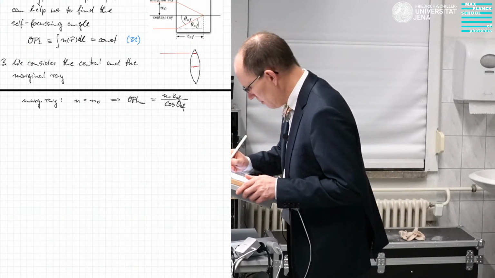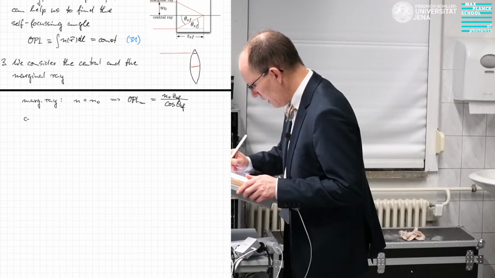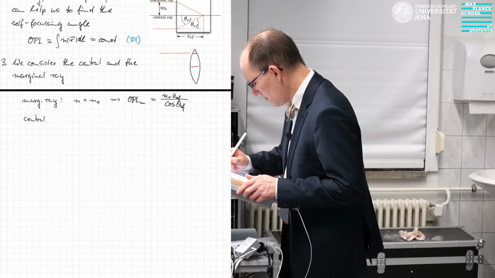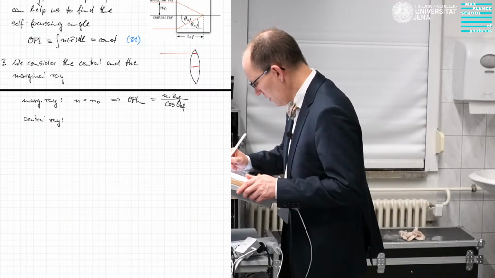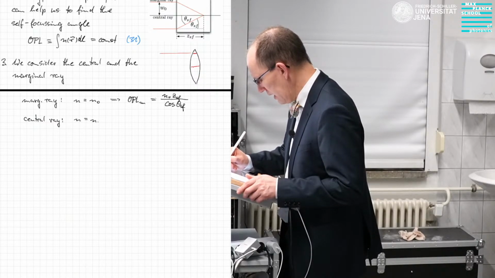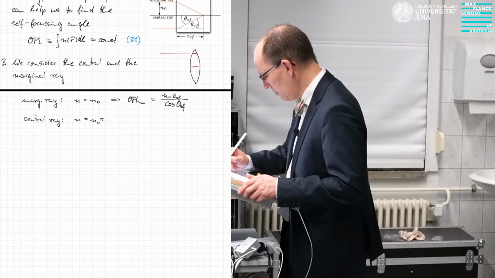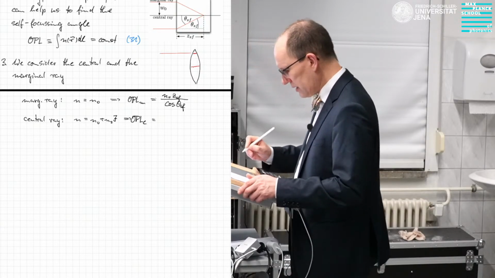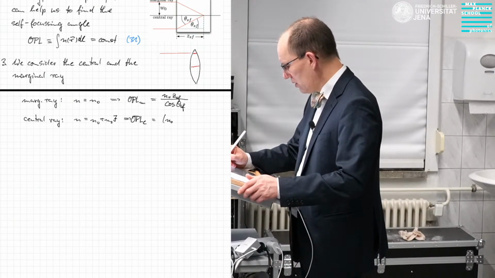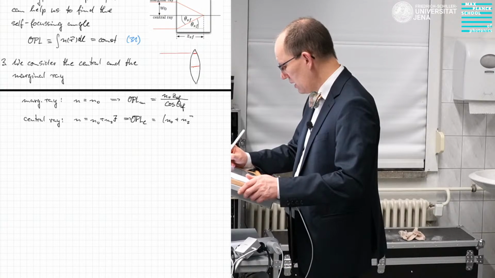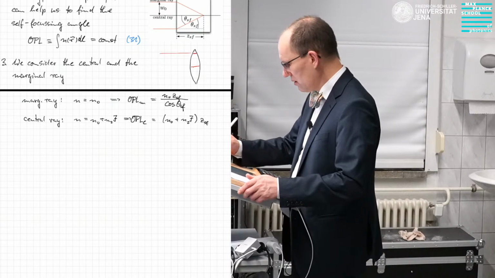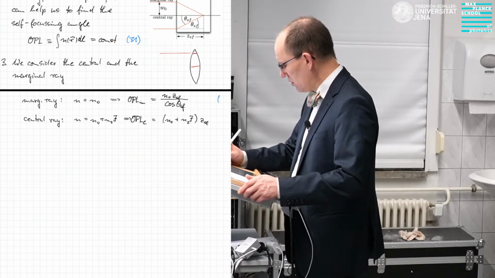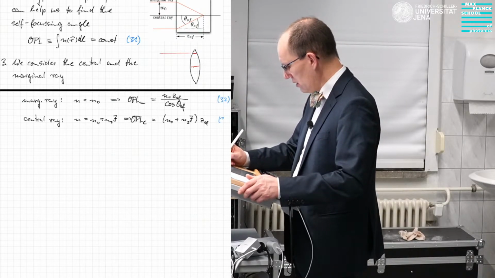Similarly for the central ray, n is equal to n0 plus n2 times the intensity, and therefore the optical path length is n0 plus n2 times the intensity times the self-focusing length. So these are equations 32 and 33.